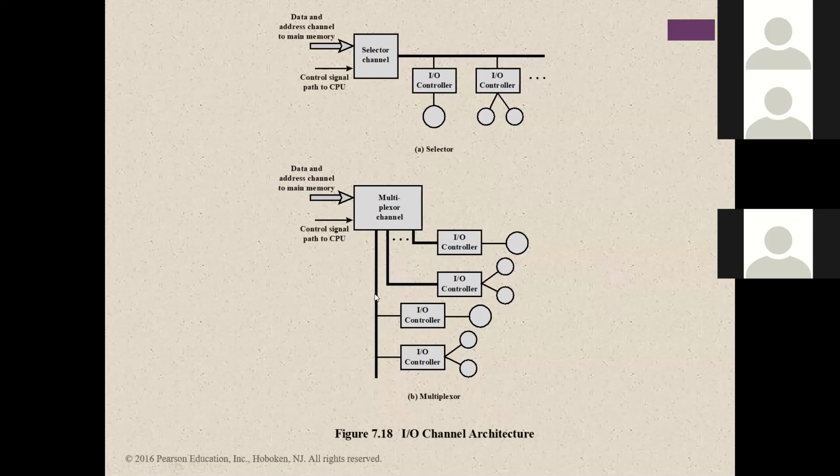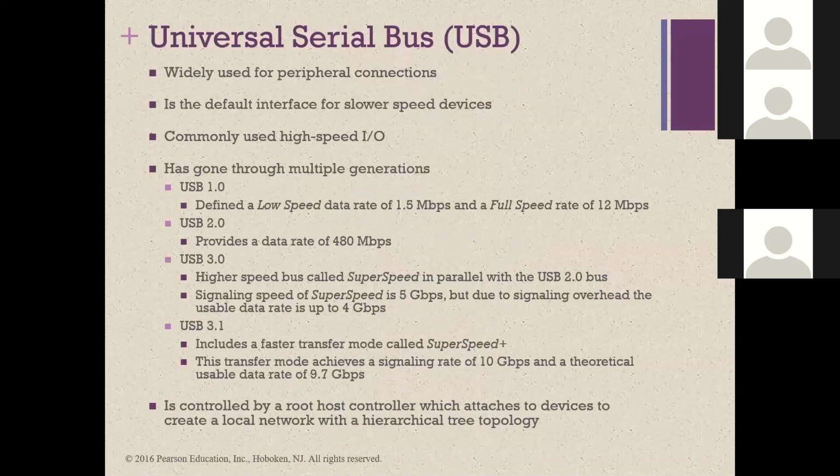Now let's look at some external interconnection standards. We're going to do just a quick familiarization, so I'll run through them quickly. The first one we look at is the Universal Serial Bus, famously known as USB.